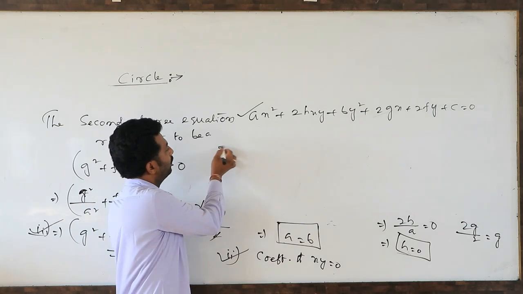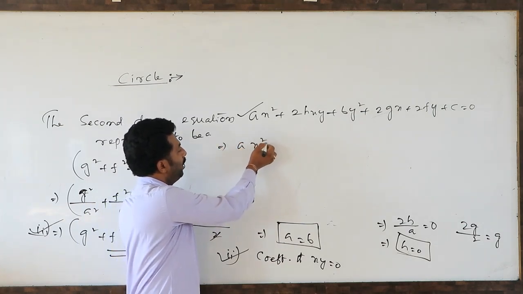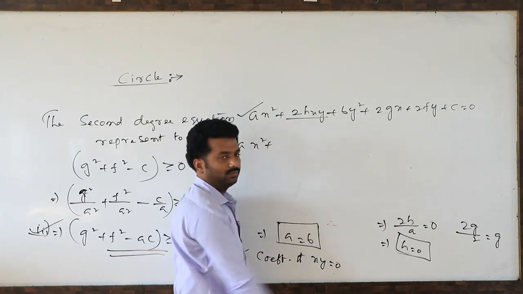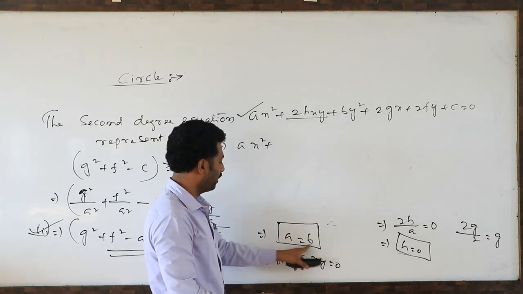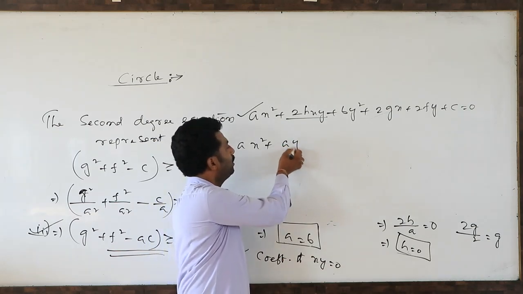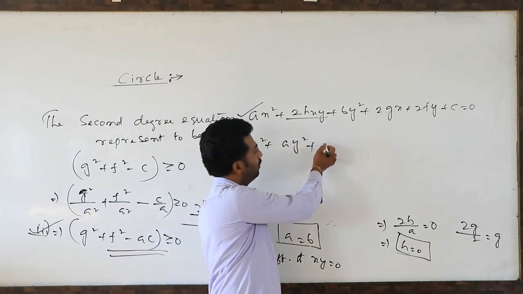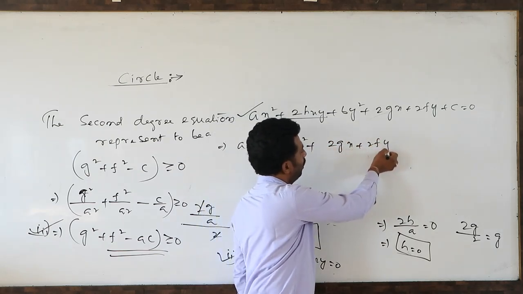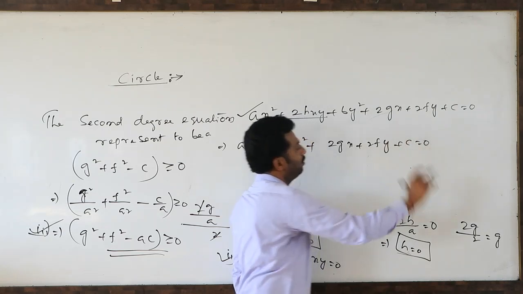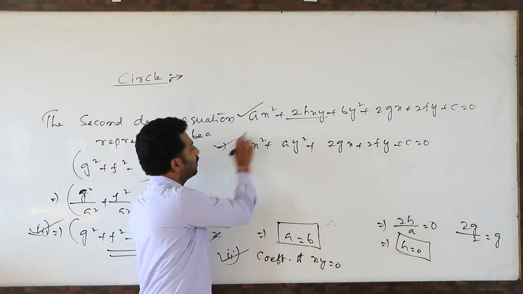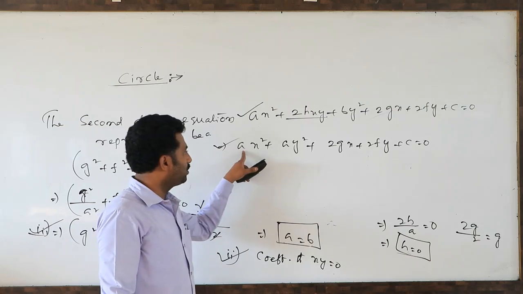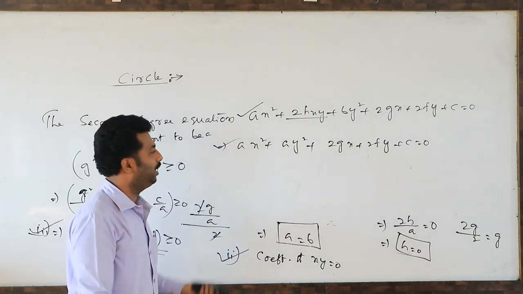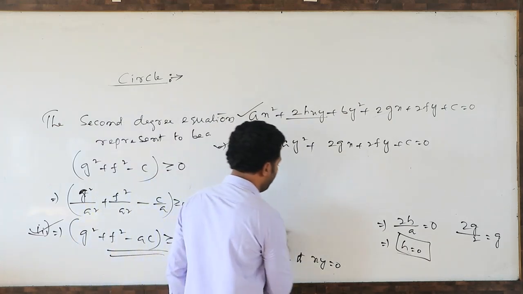What will you get? ax square, the xy coefficient is 0, so no need to write this term, next b becomes a, so ay square plus 2gx plus 2fy plus c equal to 0. This is a circle. I told you the coefficient of x square and coefficient of y square must be equal, a equal to a. So this represents a circle.